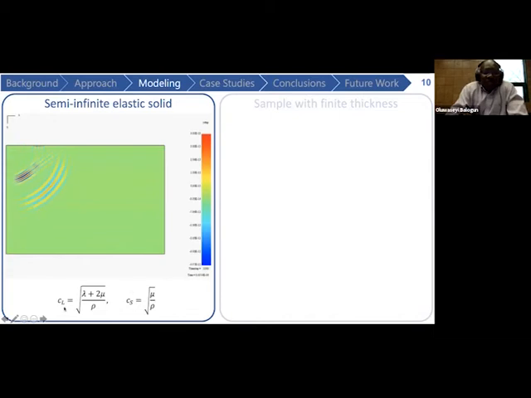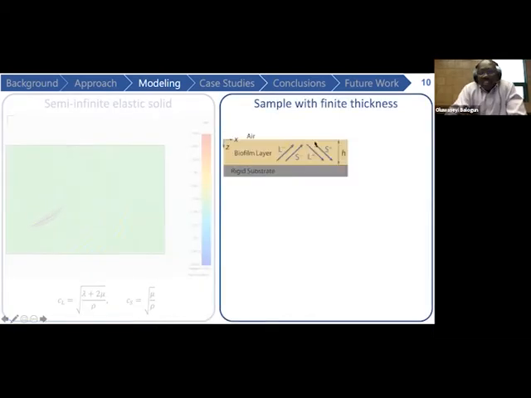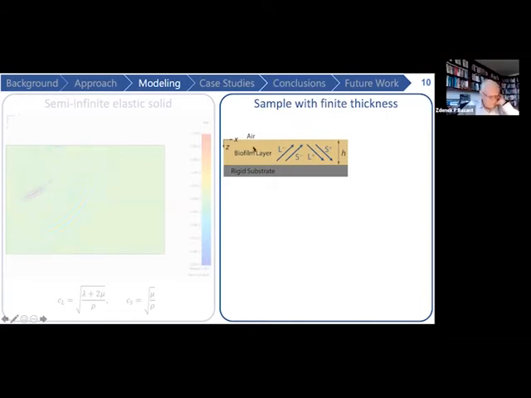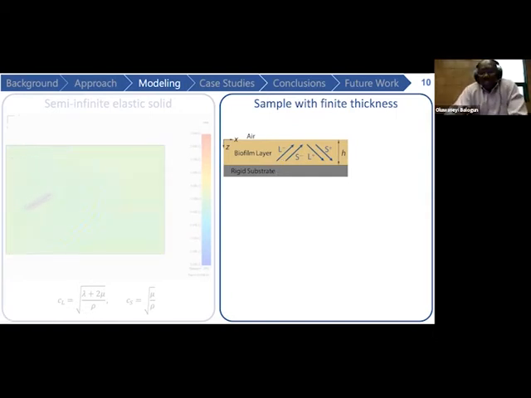However, when we deal with biofilms, it's not as simple as what I've described. The reason is that these biofilms are grown on substrates, so they have some finite thickness, and we have to take into account the boundary conditions. For example, the biofilm on one hand is exposed to air on one side, it could be exposed to water, and it's also grown on different types of substrates, which could be rigid or soft. So the traction at those interfaces has to be taken into account.